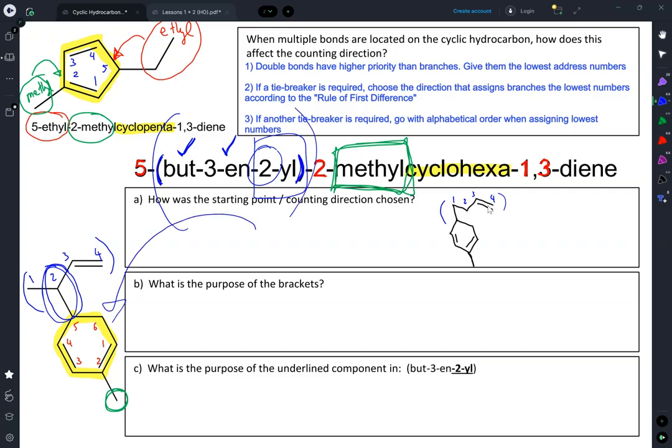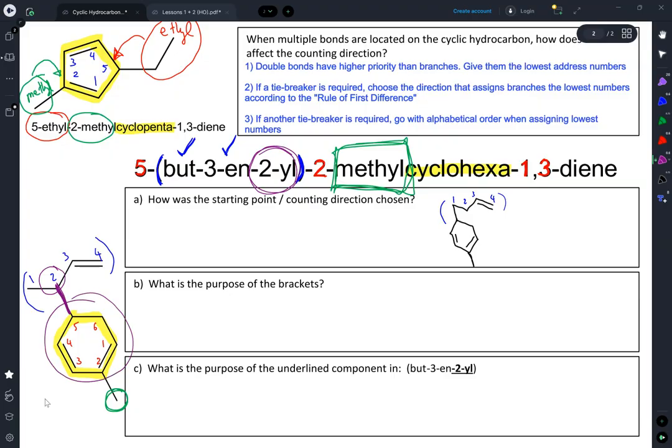So if you want, you can think of it as a kind of an umbilical cord, right? Where is the branch attached to the parent chain? Well, over here we have a number 2, and that is the attachment site to my parent chain, the umbilical cord that latches on or connects it. If it had been a number 1 instead, then the attachment point, the umbilical cord, would have been on the number 1 carbon.